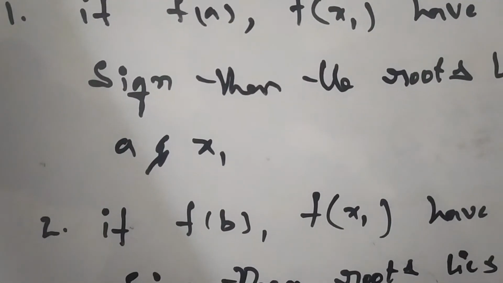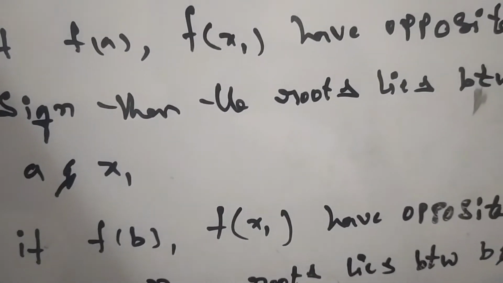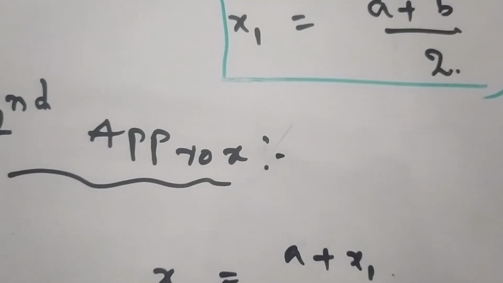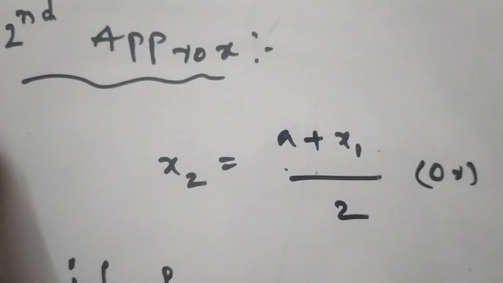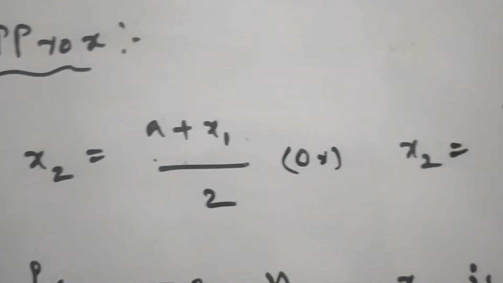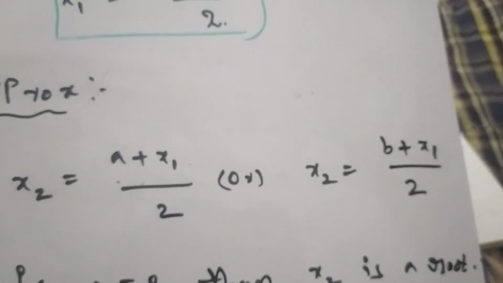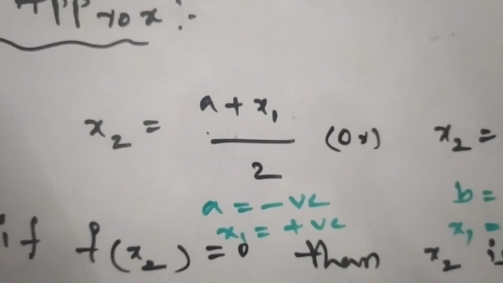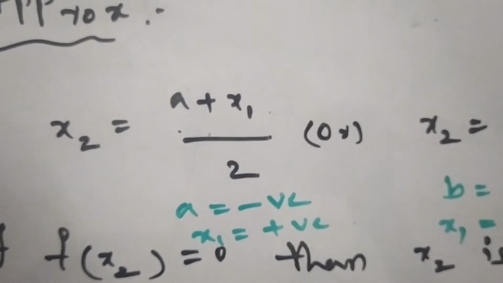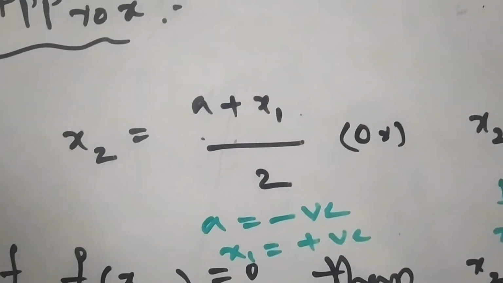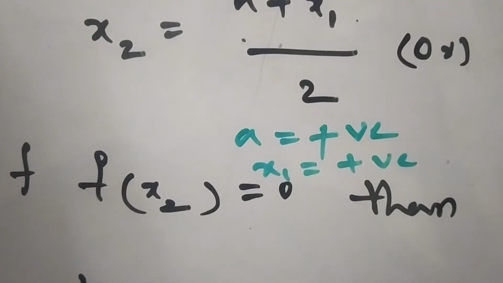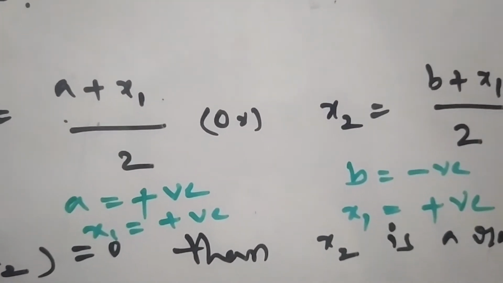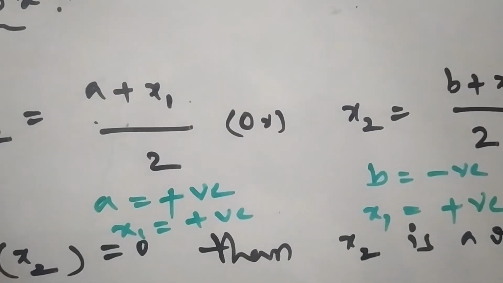Otherwise we check the second option: if f of b and f of x1 have opposite signs, then the root lies between b and x1. The second approximation is x2 equals a plus x1 divided by 2, or x2 equals b plus x1 divided by 2, depending on which interval contains the root.